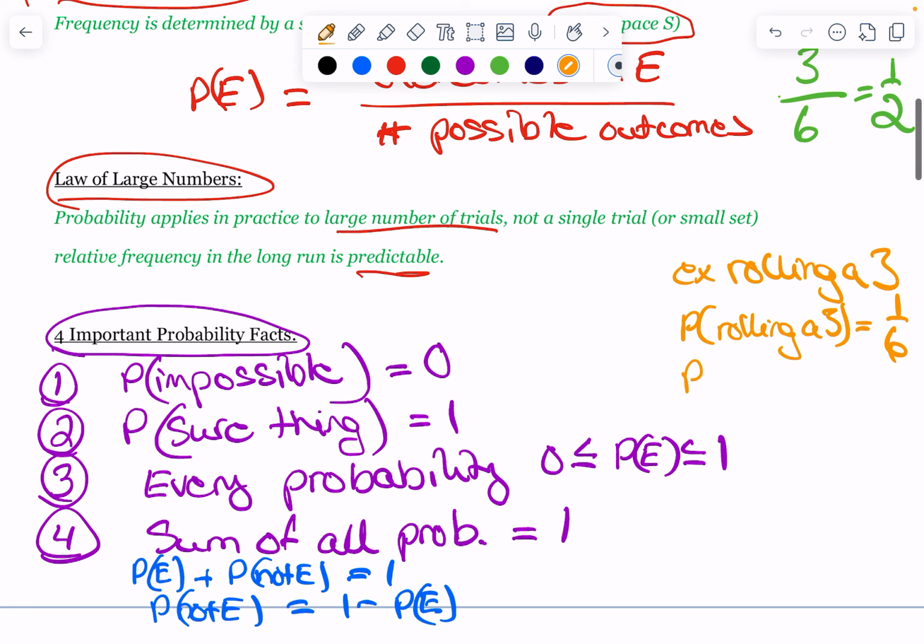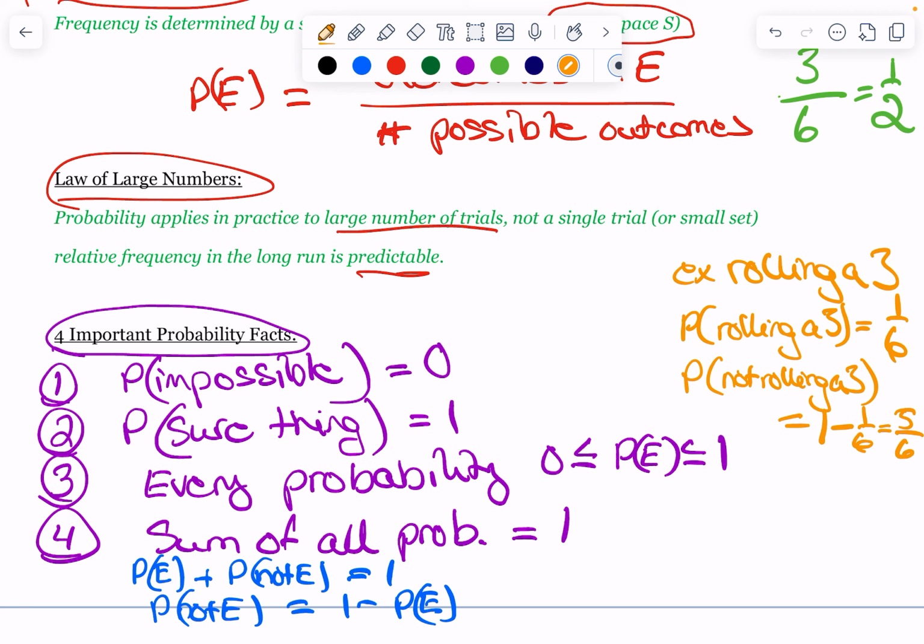Now, if we need the probability of not rolling a 3, so the event is not happening, we could calculate this by 1 minus the probability of rolling a 3, which is 5 over 6.